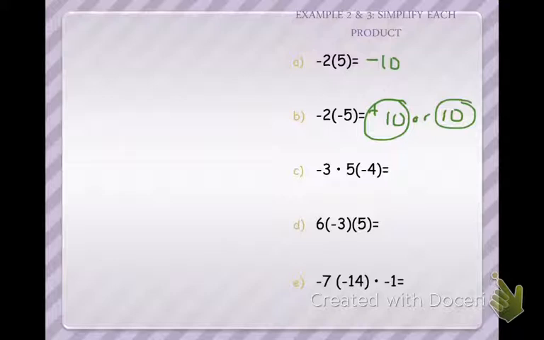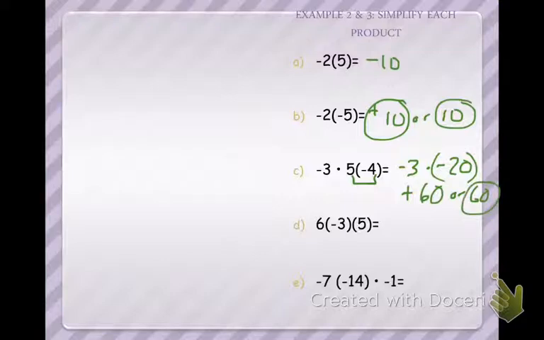C, you have negative 3 times 5 times negative 4. Well, there are 2 ways of doing it. You could multiply these 2 first. So 5 times negative 4 is negative 20. So now you have negative 3 times negative 20, which equals a positive 60, or just 60.